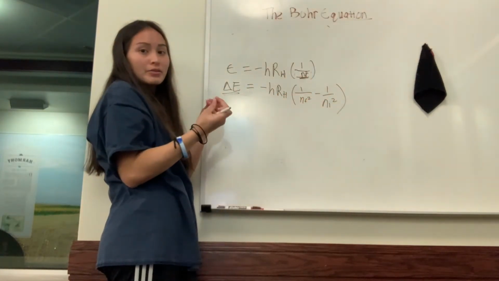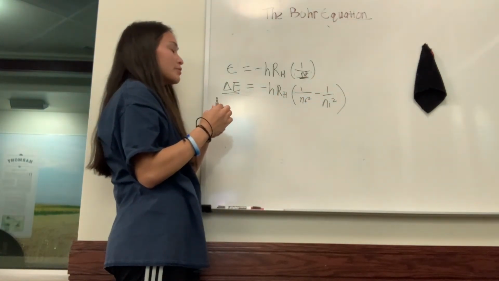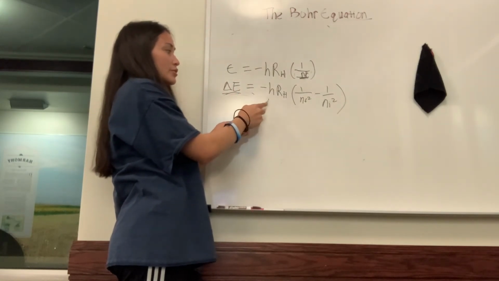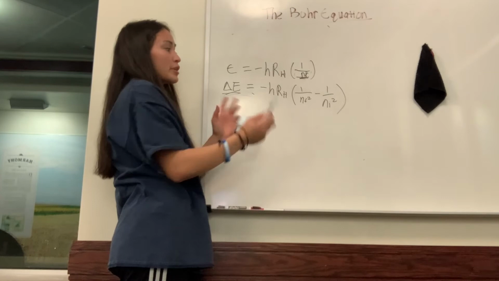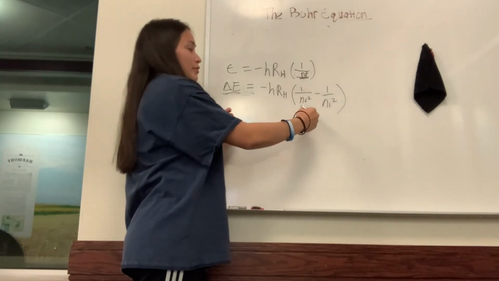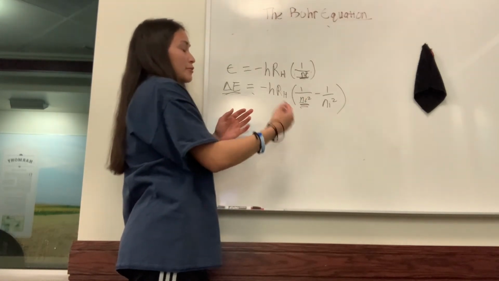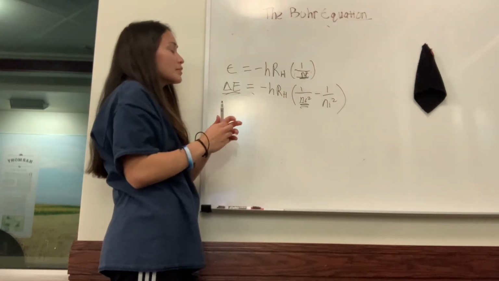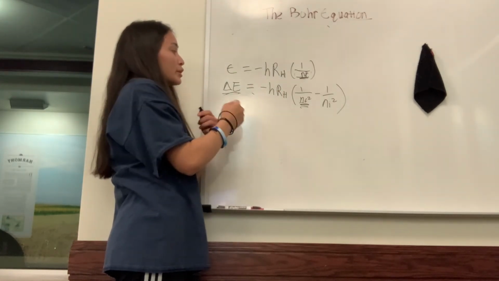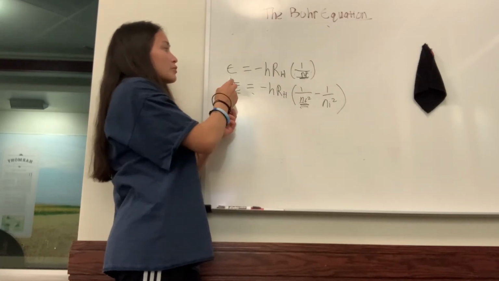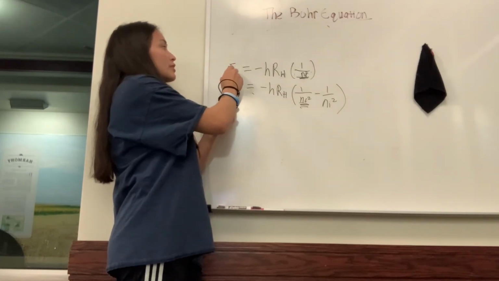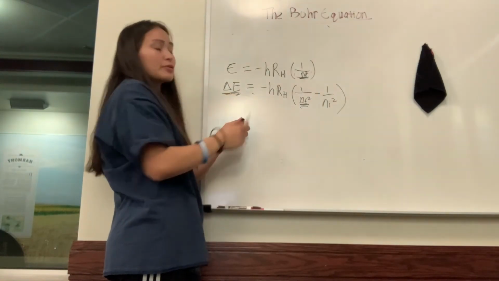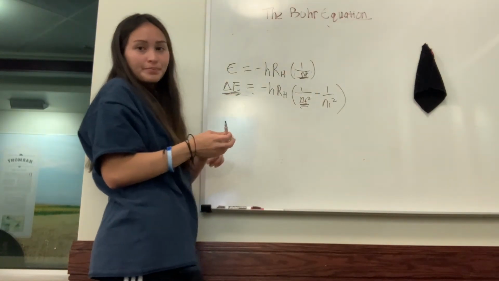If you combine those two equations, it comes into a simplified version: the change in E is equal to negative h R_H parentheses 1 over the final level squared, minus 1 over the initial level squared. And so from the Bohr equation, we can know either the energy level of a certain state or the change in an energy level from one state to another.